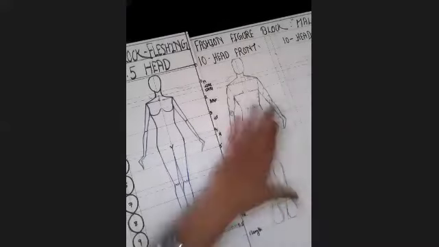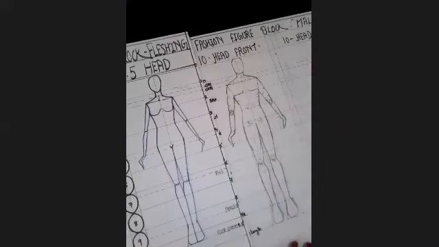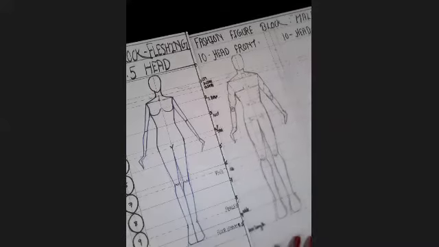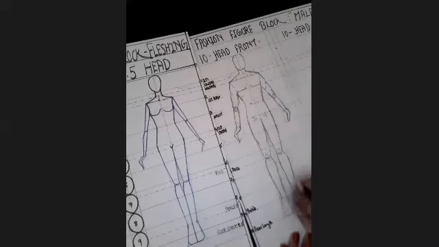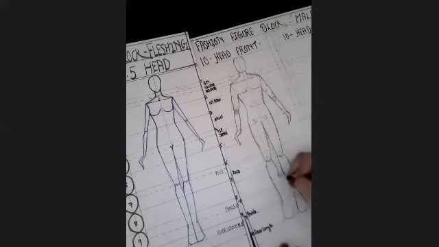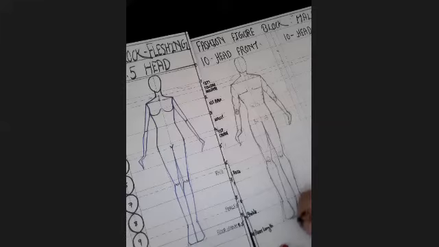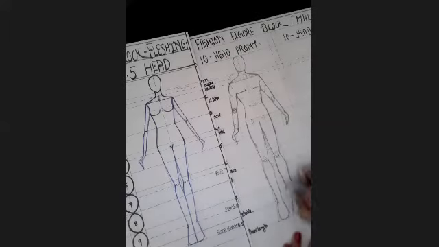Now, this is the difference of male and female. Here I'm going to do the proper changes. So overall, the structure follows the same line. The only thing is for the male, we try and make it more straight line, more like a masculine version.